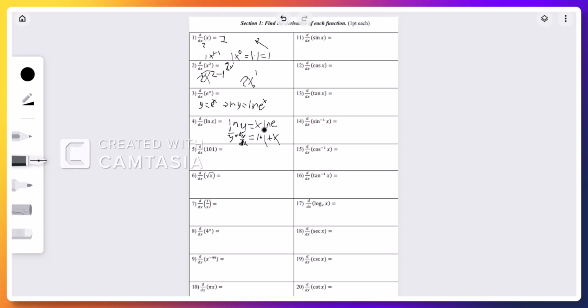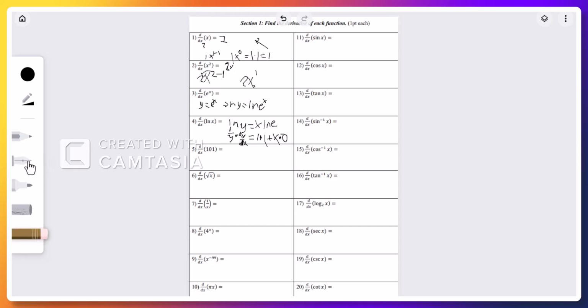First we're doing the product rule here. The derivative of x is 1 times the natural log e, which is just 1, plus x times the derivative of natural log e. And since we already know this is a constant, it's going to be 0. So keep that in mind.